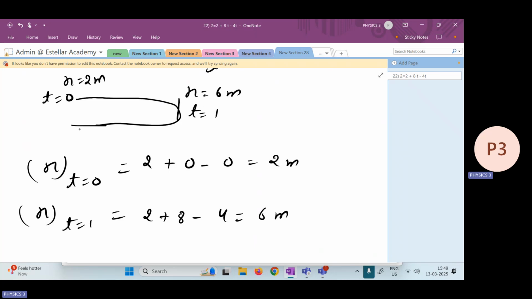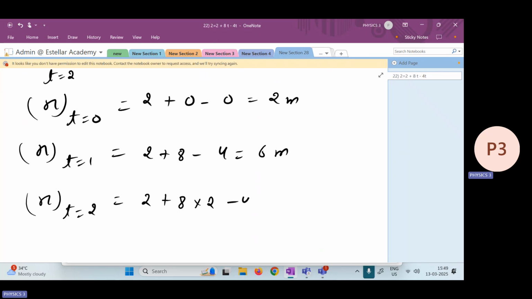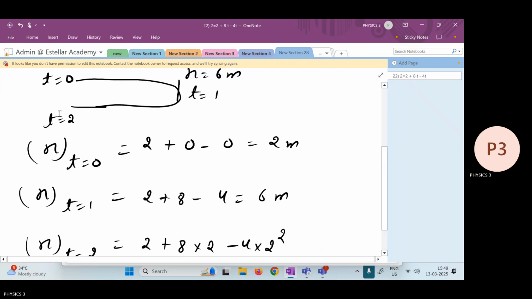Now we will find out its position at t = 2. X at t = 2 would be 2 + 8 into 2 minus 4 into 2 square. That would be 18 - 16, which is 2 meter again. So at t = 2, it is at 2 meter again.